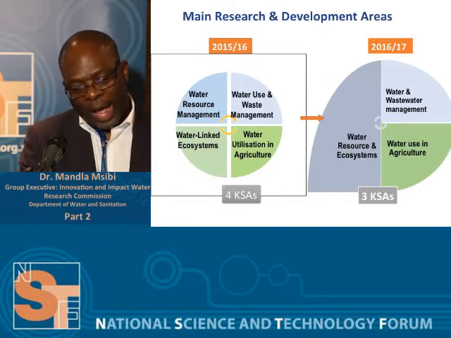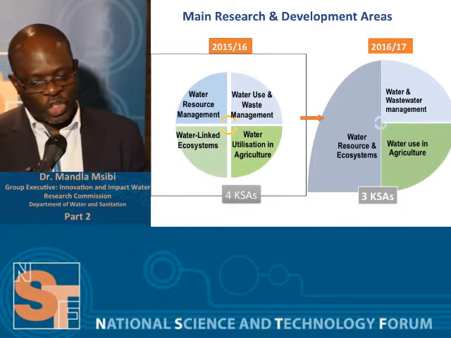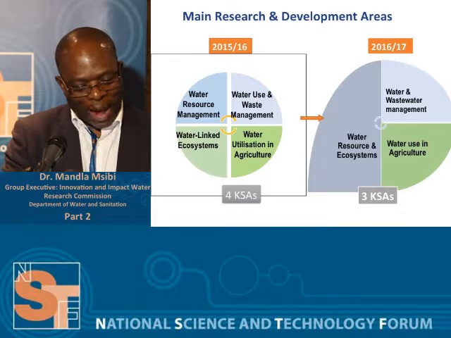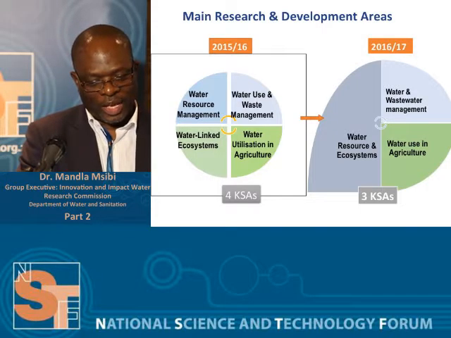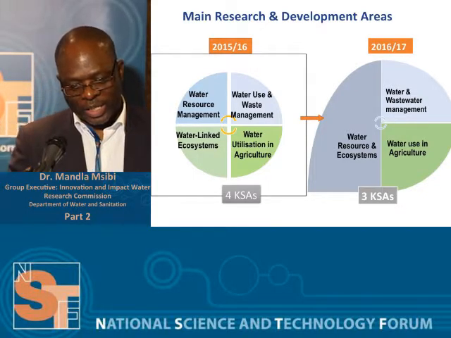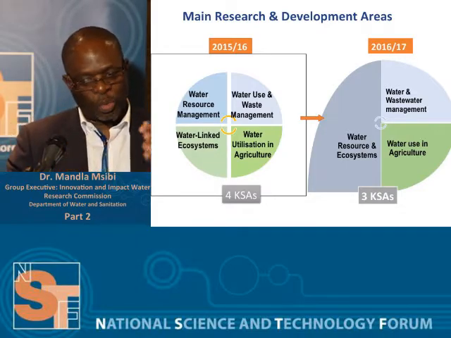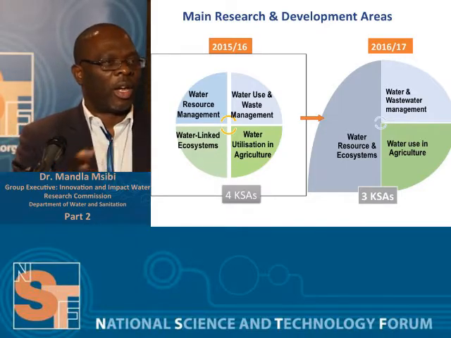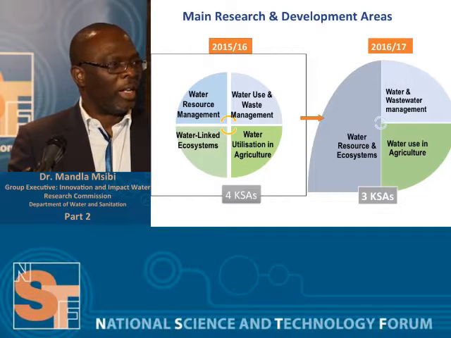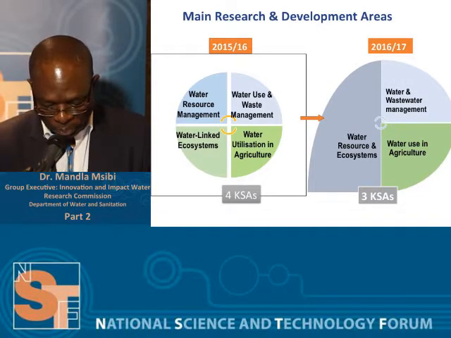What I wanted to highlight this morning is that moving forward from this financial year, we have combined the first 2 KSAs, water resource management and water-linked ecosystems, into one called water resource and ecosystems. This is because there were too many projects that were becoming common between the 2, and it made sense to combine them. And that's what has happened.